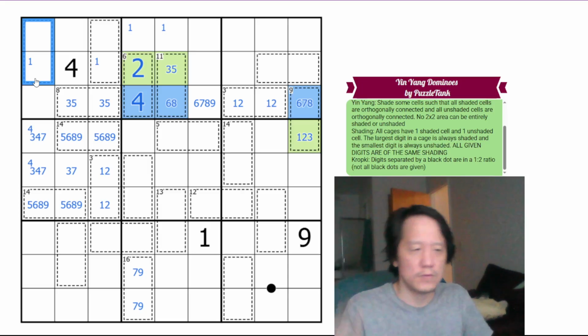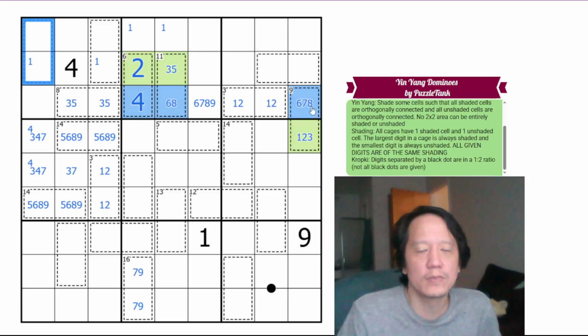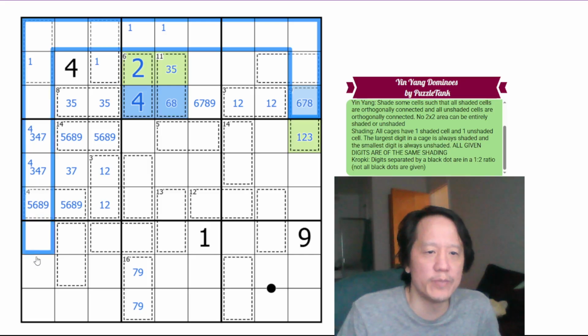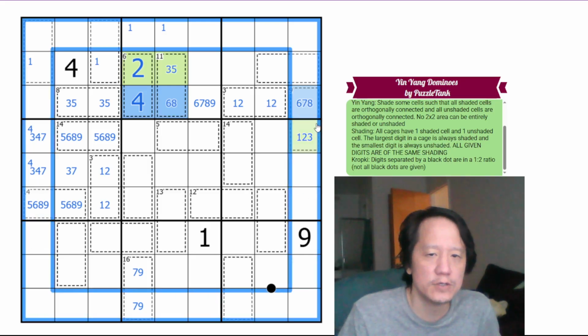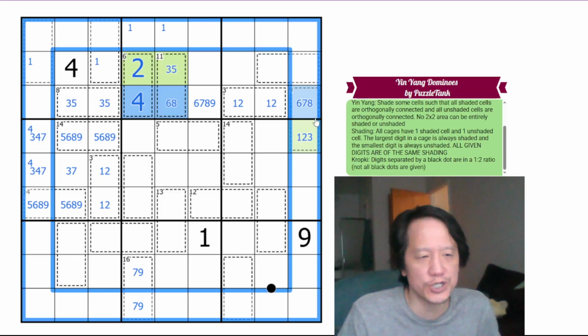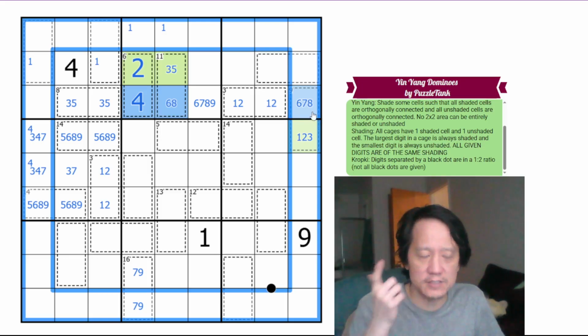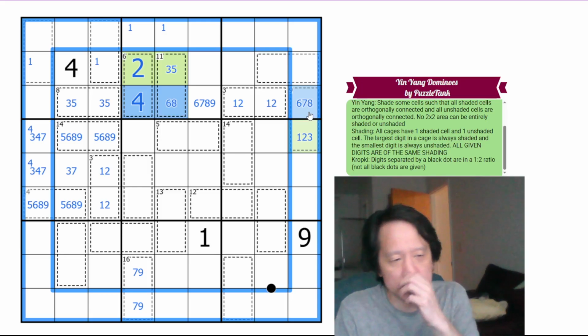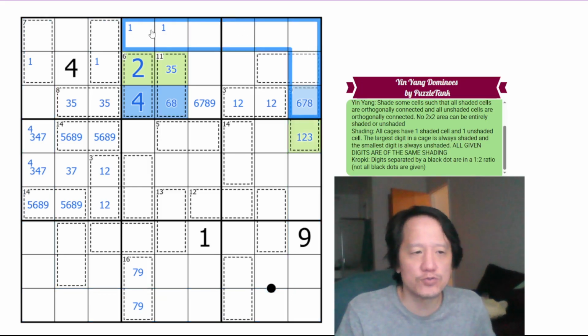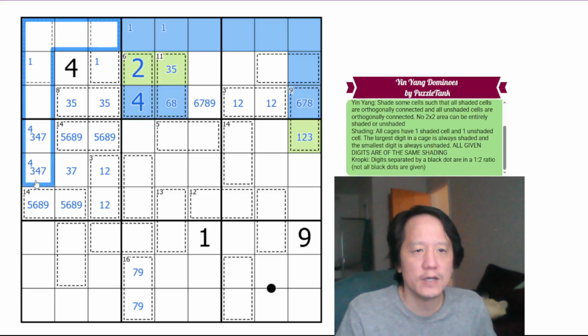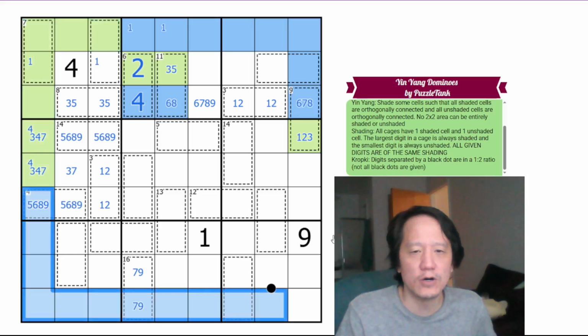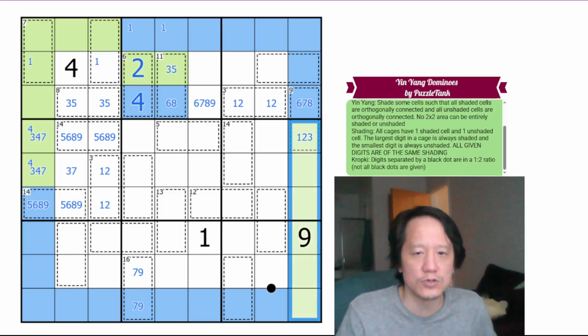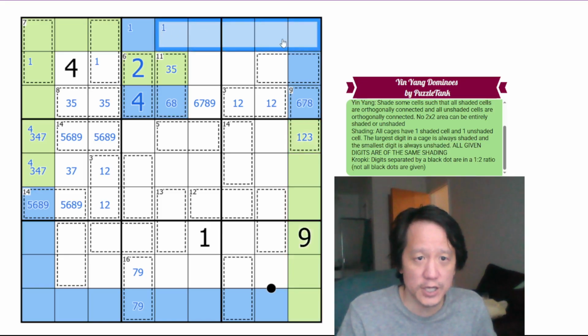So, in yin-yang shading, you can only swap essentially sets or shadings twice on the grid. And the reason why is if you swap more than twice, say you tried to have this be blue, this be green, and you swapped again, well, you always have to swap again back, so there's always 4 shadings then.